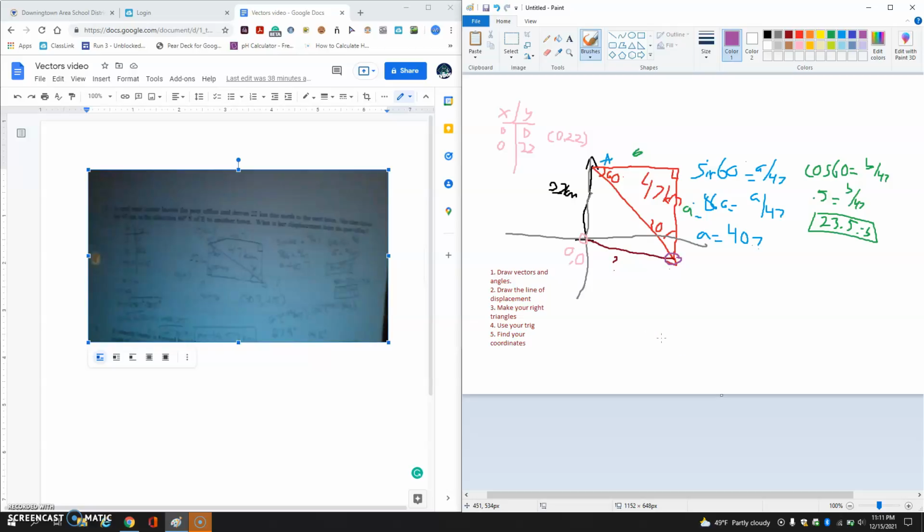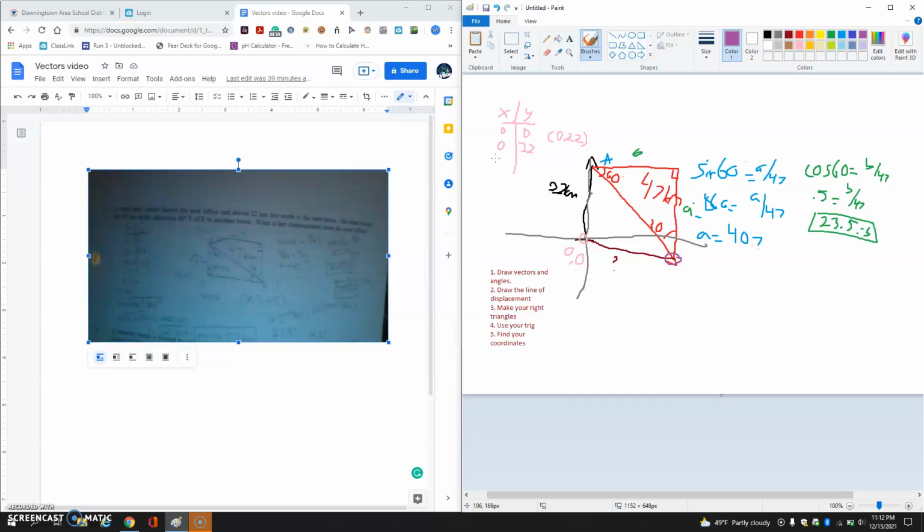We do not know that. So what we need to do is add our points that we just solved for using our trig, which is step 4. We did step 4.